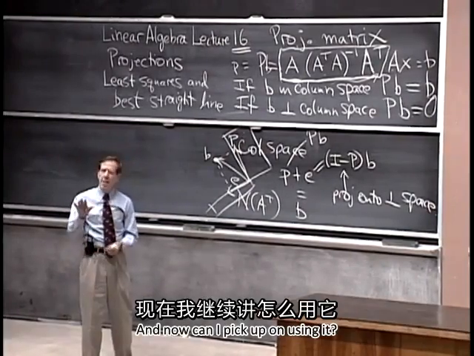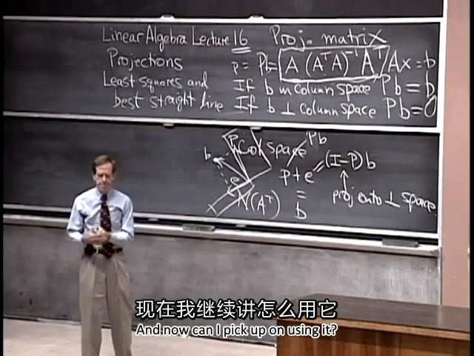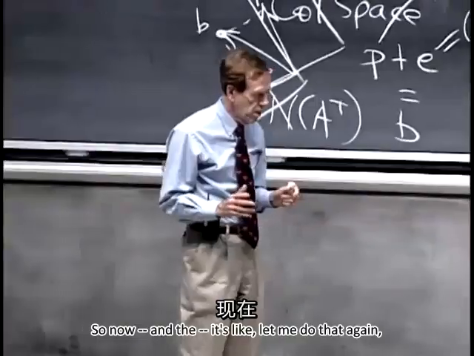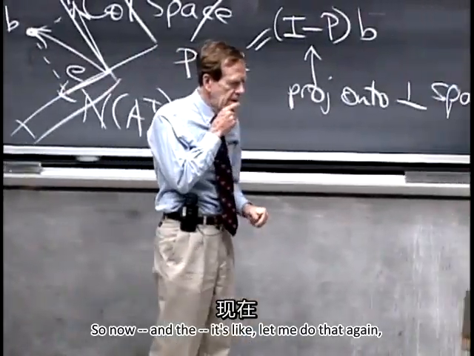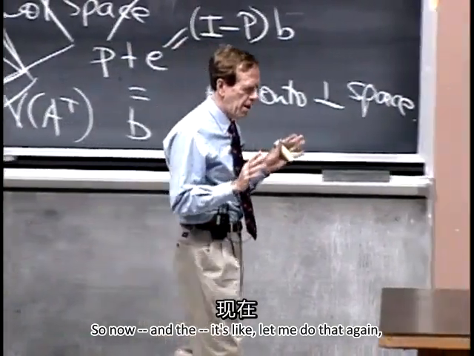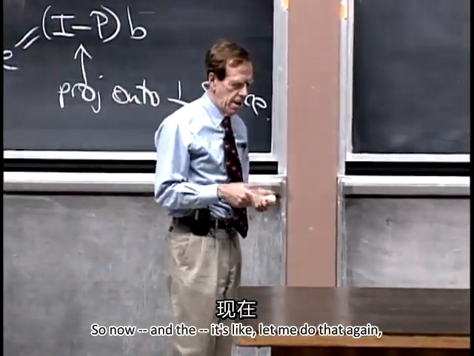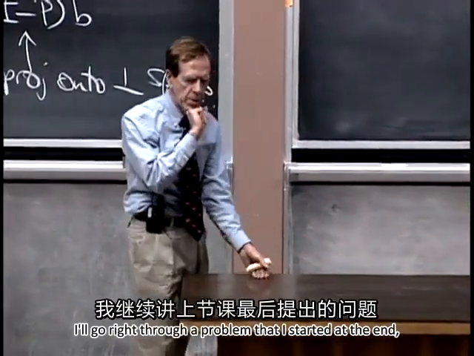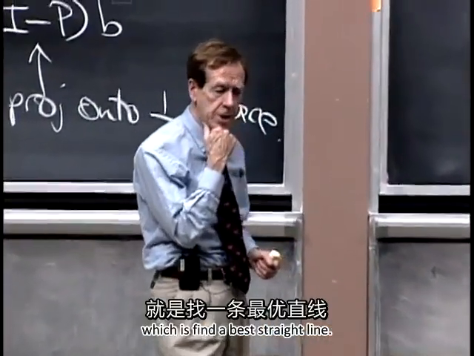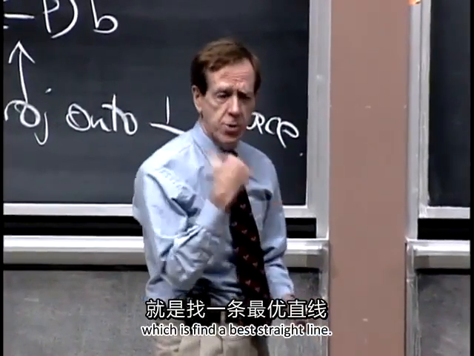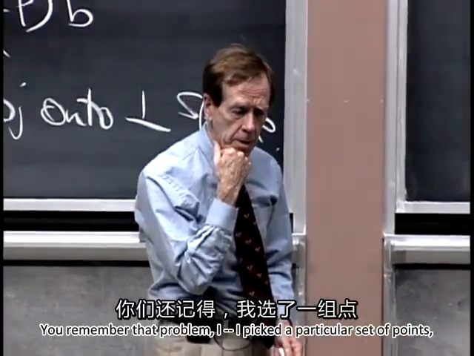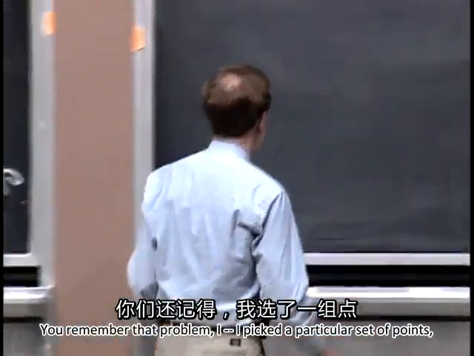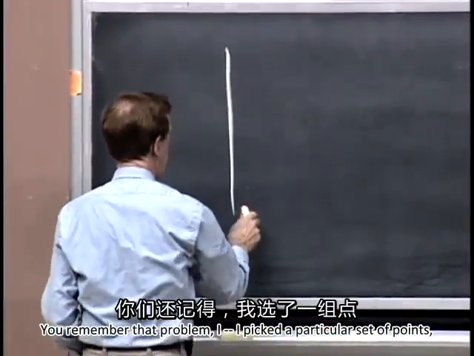And now can I pick up on using it? I'll go right through a problem that I started at the end, which is find a best straight line. You remember that problem? I picked a particular set of points.